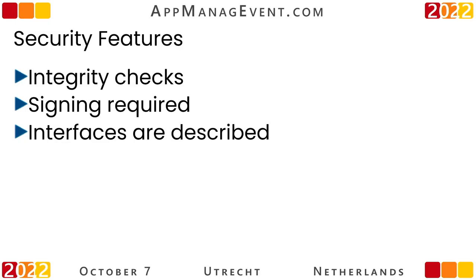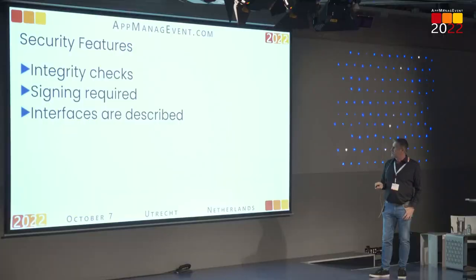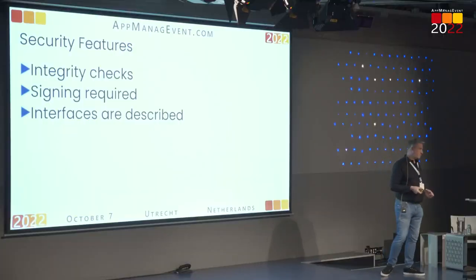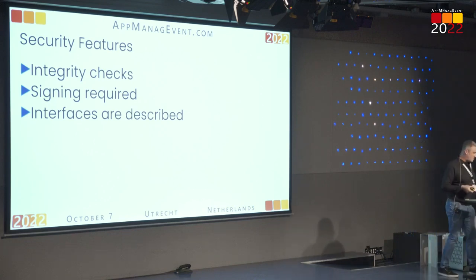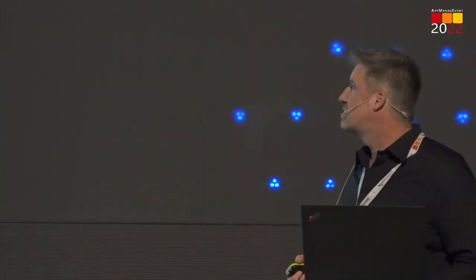The signing is required. There's no workaround for this. So every MSIX needs to have a certificate, and the interfaces are described. That's what I mentioned before. You know what the application is going to access on your PC.